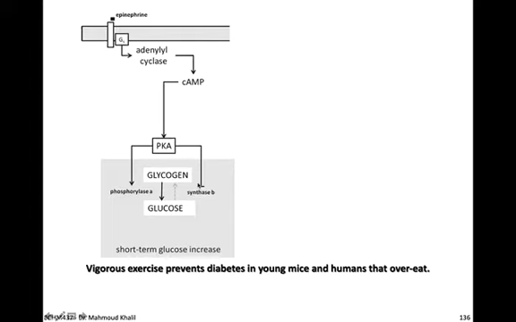So glycogen is converted to glucose, and the other way is inhibited, leading to an increase in the amount of glucose.